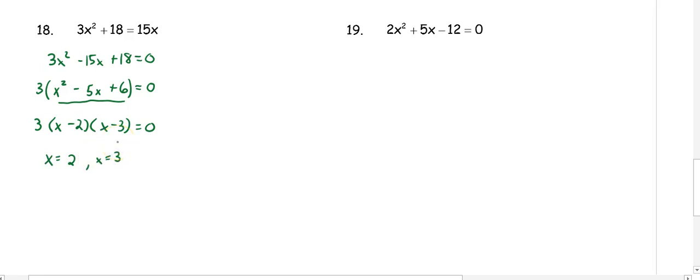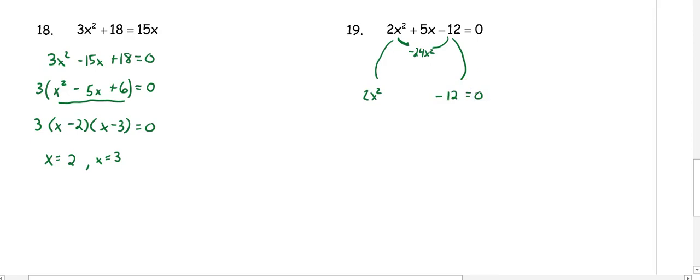Now, 19, we don't get as lucky because there's not a GCF between them. So what's going to happen here is we're going to use splitting the middle, which is also known as the Batman method. So we want to multiply the last and the first term together, which gets us negative 24x squared. And then we're going to bring those two terms down. So we still have 2x squared, we still have minus 12 equals 0.